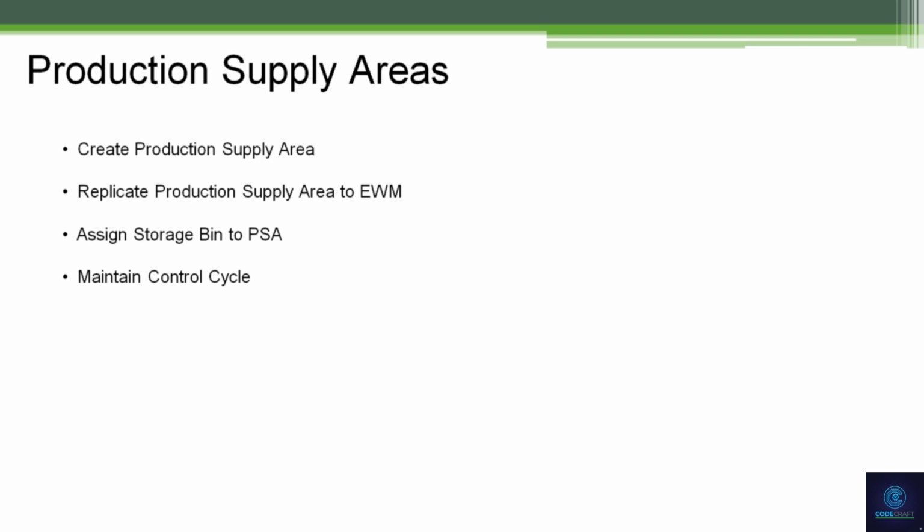We will further assign storage bins to these production supply areas, so which production supply area for which part, which is the bin where we have to supply the product. We will also maintain the control cycle to ensure the staging takes place from EWM.